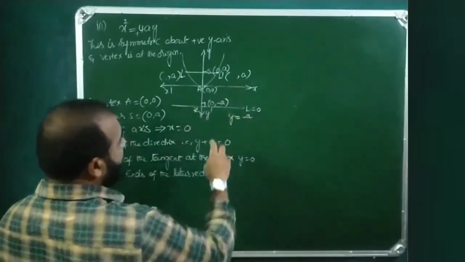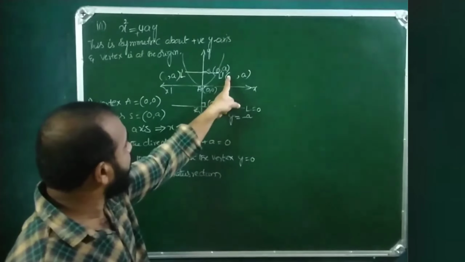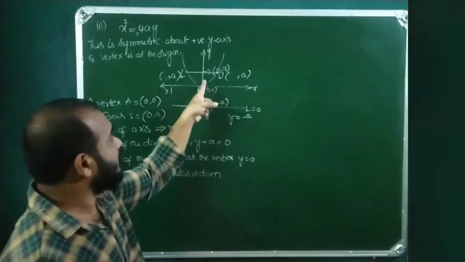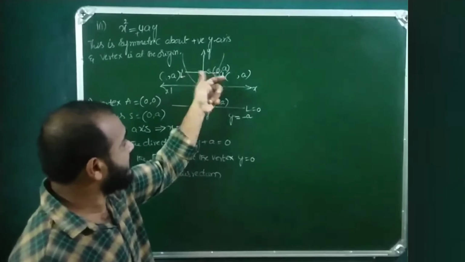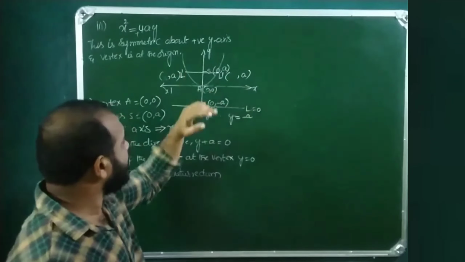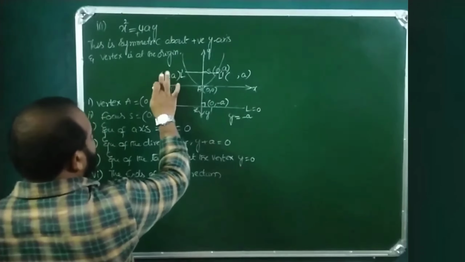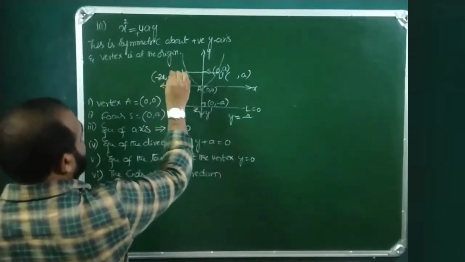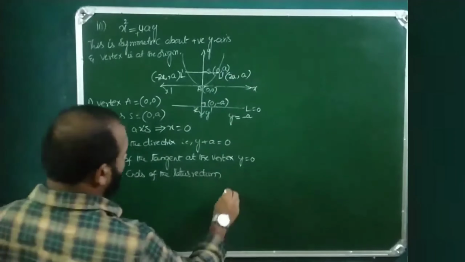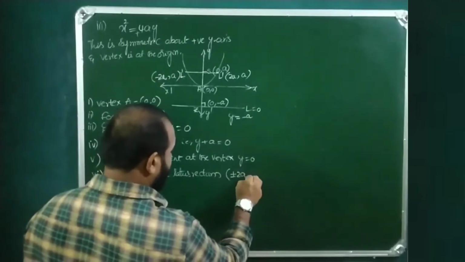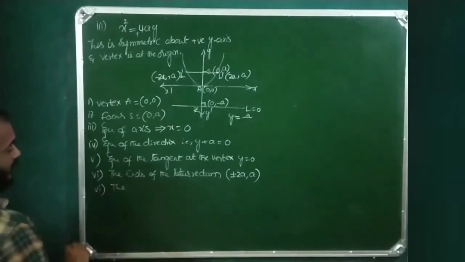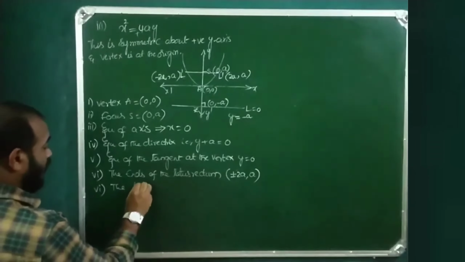So these are lying in the first quadrant and second quadrant, because the parabola is symmetric about the y-axis. So first and second quadrants, plus plus, minus plus. This is minus 2a and this is plus 2a. So the ends of the latus rectum are plus or minus 2a comma a. And the next one is the length of the latus rectum.